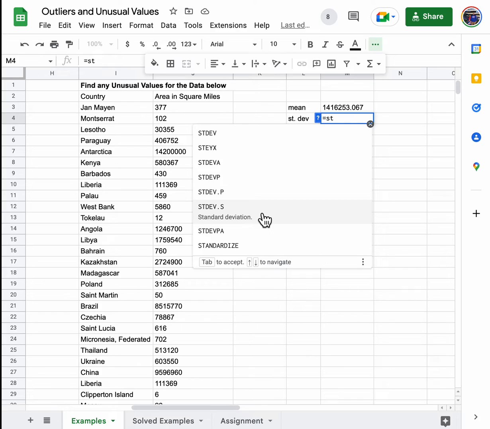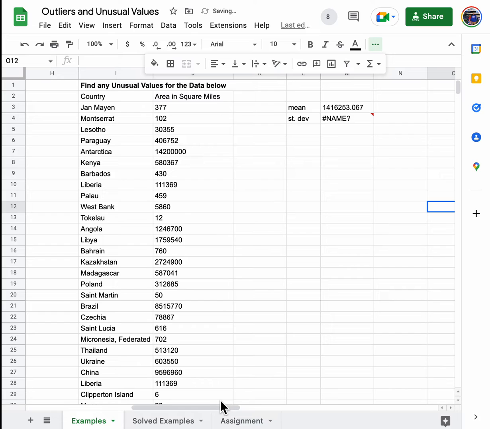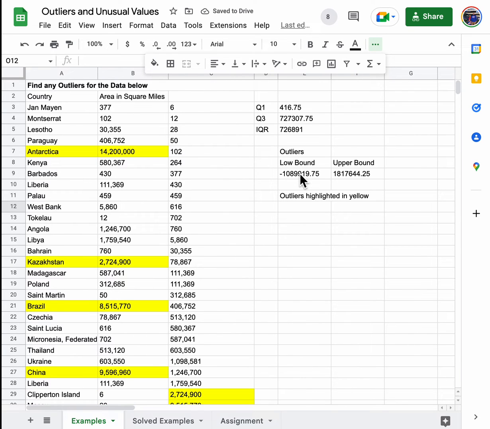Could you do the lower and upper bound again? For the first set? Well, just in general. I'm just following along. Okay, one sec. Let me go back to that. So for the lower bound, I'm just going to clear out what I have here. It's equals Q1 minus 1.5 times the IQR.